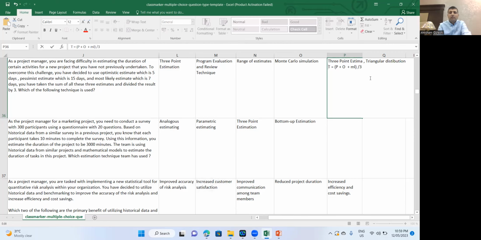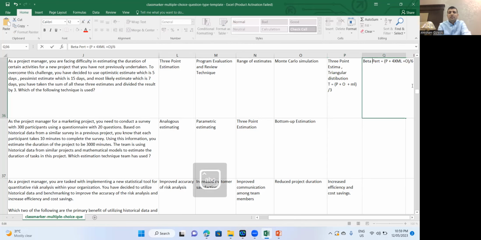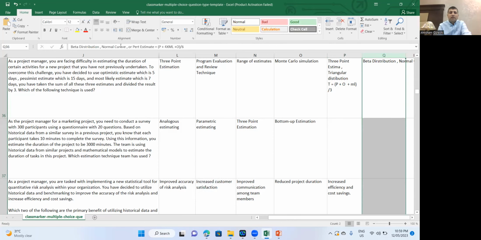The second one is called beta distribution, normal curve, or PERT estimate. You want to know more about these 2?